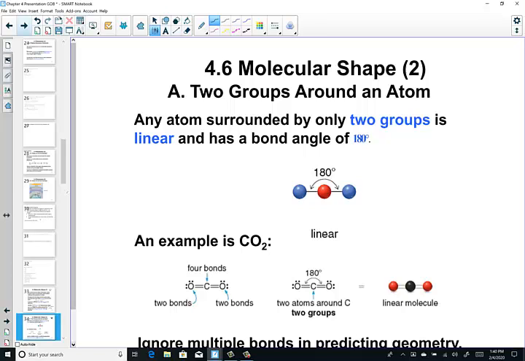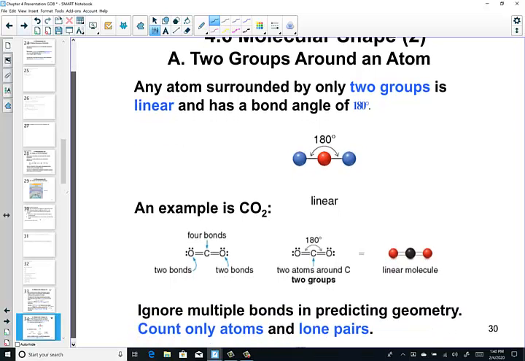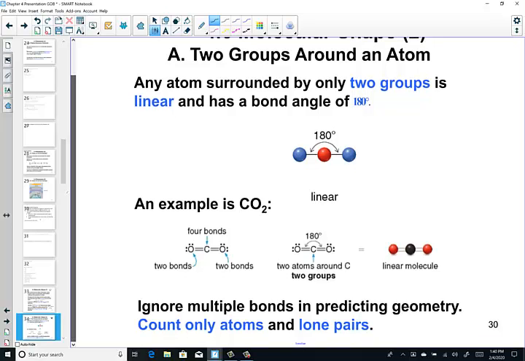Let's consider an atom that is only bonded to 2 groups. Any atom surrounded by only 2 groups has a linear molecular geometry, with a bond angle of 180 degrees. As an example of a linear molecule, we can use carbon dioxide.